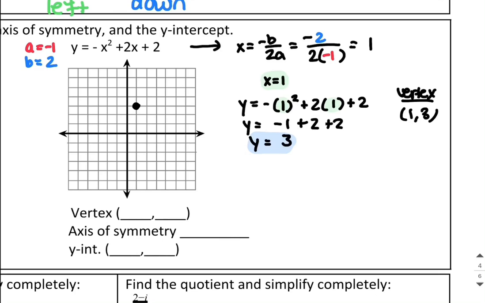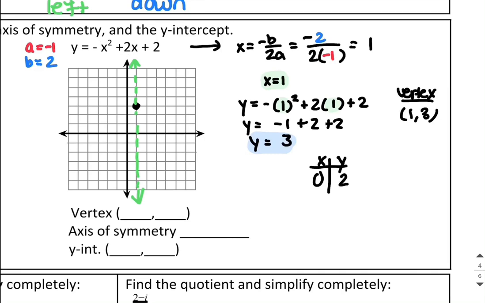And then I'm going to use my line of symmetry. Just draw that. And I'm going to make a mini table to find just one other point, and then I'm going to reflect that over the line of symmetry. So an x value that'd be good to pick would be 0. So I'm going to plug in 0. And when I plug in 0, I know right away that 2 is my y-intercept. When I plug in 0, these two terms are going to go away.